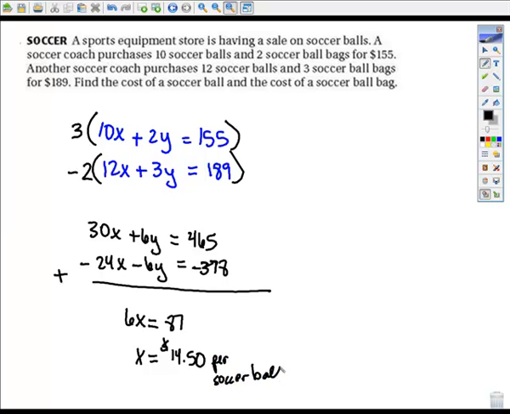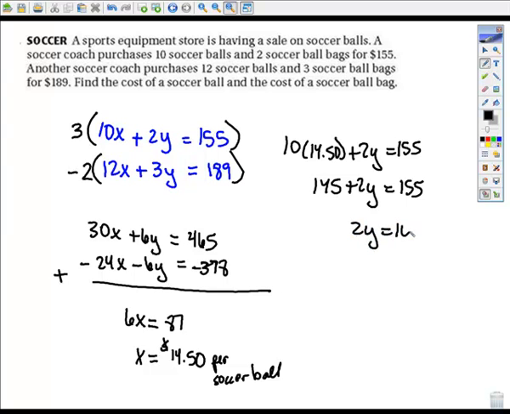It's okay to have dollars and cents. Now I'll plug that in. 10 times 14.50 plus 2y equals 155. This is 145 plus 2y. Subtract the 145, so 2y equals 10. Divide by 2, and it's $5 per soccer bag.